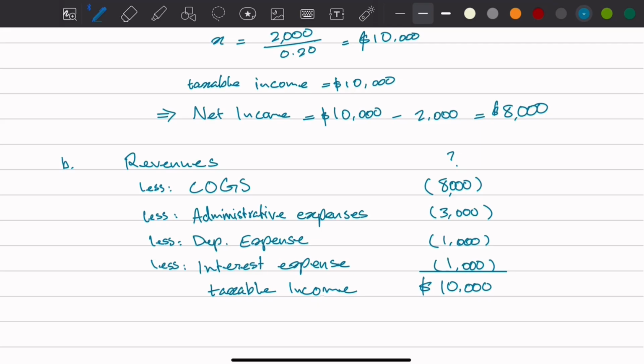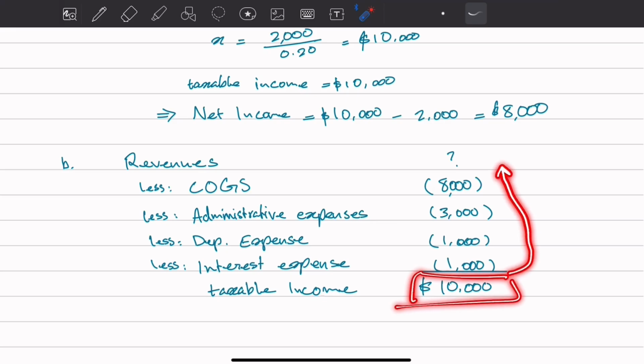Now after we have laid this out, we can run the numbers and see what the revenues for the company were, right? We can start from here and work our way back up by adding all of these amounts on top of the taxable income, and that should give us the revenues, right?